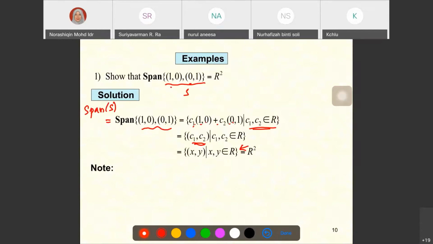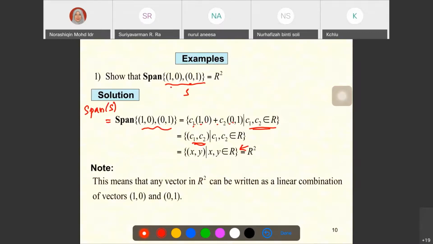Okay, what does this mean? It means that any vector in R squared can be written as a linear combination of the vectors (1, 0), (0, 1). For example, take any one: (2, negative 1). It can be written as C1 (1, 0) plus C2 (0, 1).